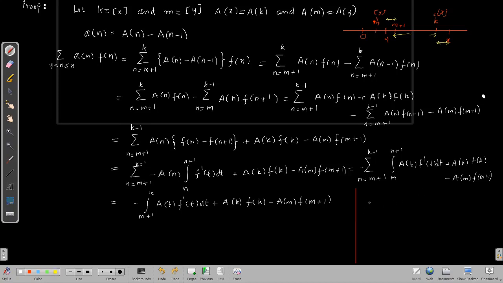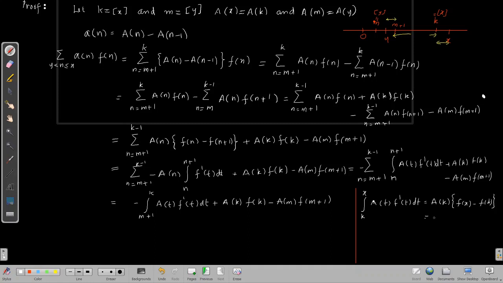For that, first consider the integral from k to x of a of t f dash t dt. In this interval k to x, a of t is always a of k. So this is a of k times the remaining integral of f dash t from k to x, which is f of x minus f of k.